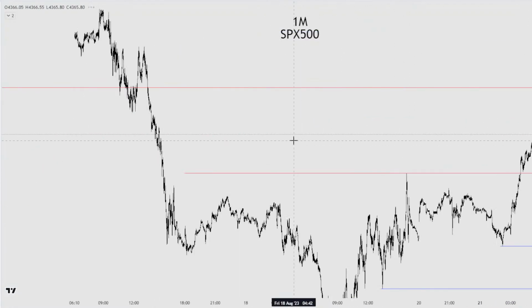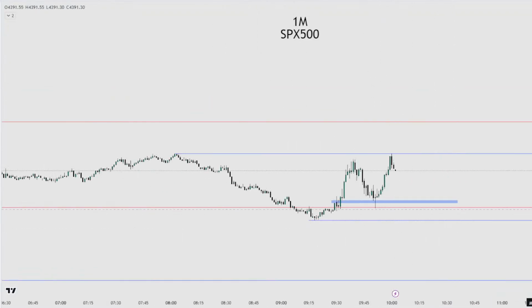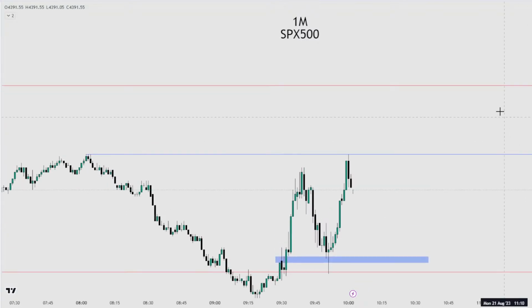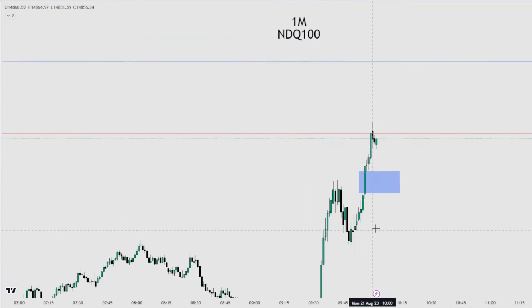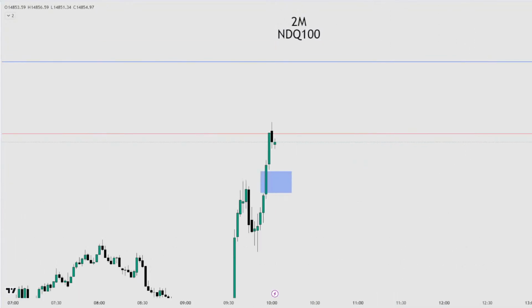Like, for what I see on SBS, I really don't know. It's choppy. It's nothing. It's just chop. Very, very choppy. Personally, don't like it, but Nasdaq's looking much better. Especially this order block.